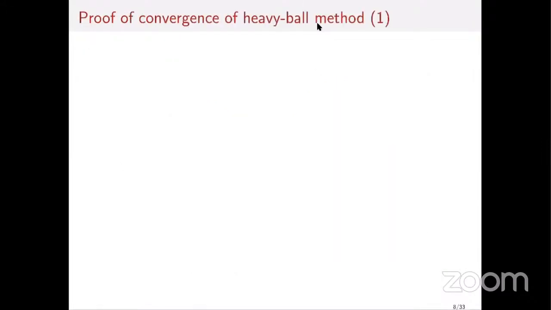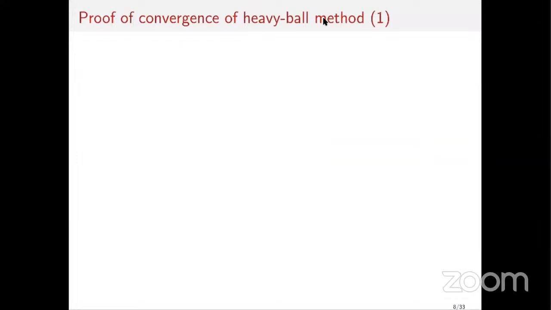Okay, so we'll prove that the heavy ball method converges at this rate of square root of the condition number minus 1 divided by the square root of the condition number plus 1. As you will see, for those of you who have some background in analysis of dynamical systems, this is exactly what we will do.